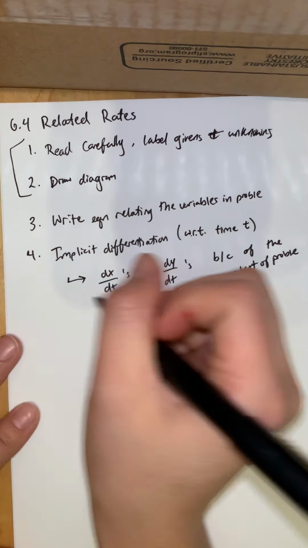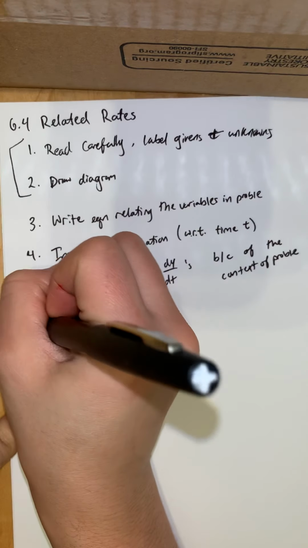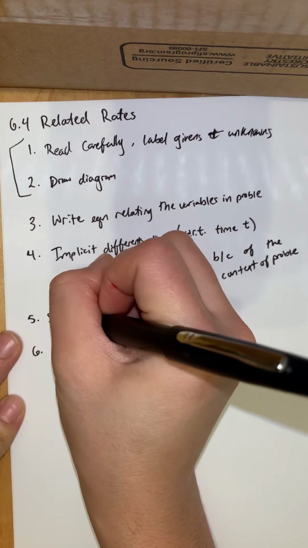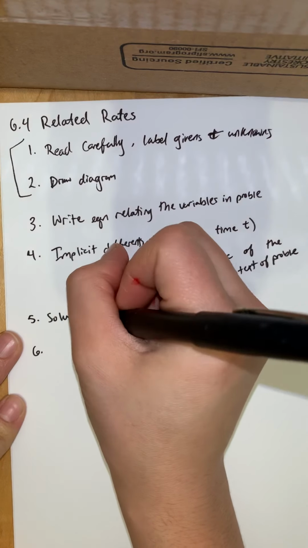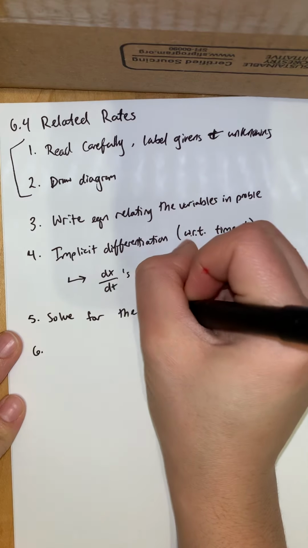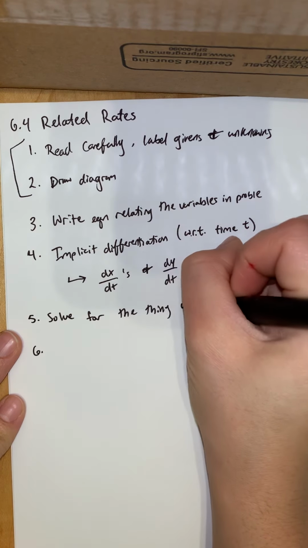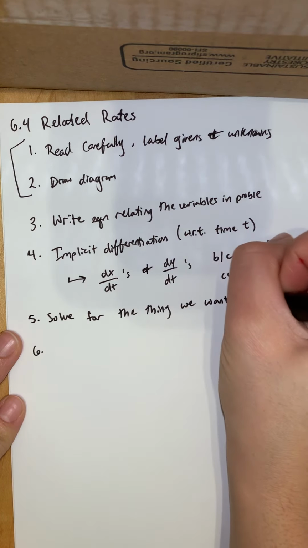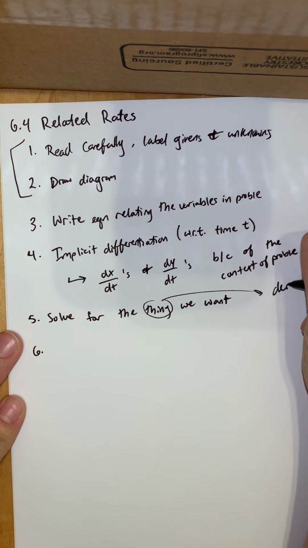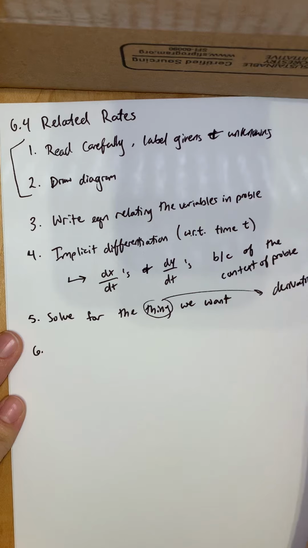Now, steps 5 and 6 are interchangeable. I'll write them as I had them on the worksheet, but know that you can change these things around. So we're going to solve for the thing we want. By thing, again, I mean most specifically the derivative that we want.